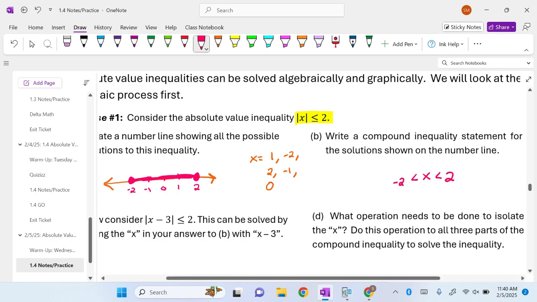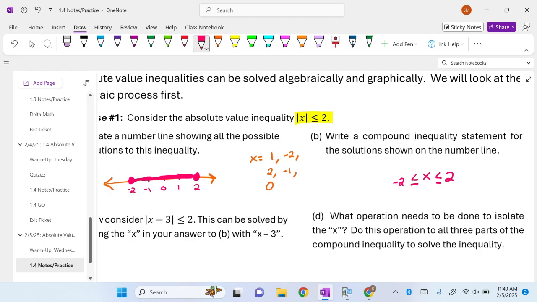So these are between -2 and 2. And since it could also be equal to -2 and 2, we'll change these less thans to less than or equal to. So by writing this compound inequality, we're saying that it could be equal to -2 or equal to +2, but it has to be between those 2 numbers.